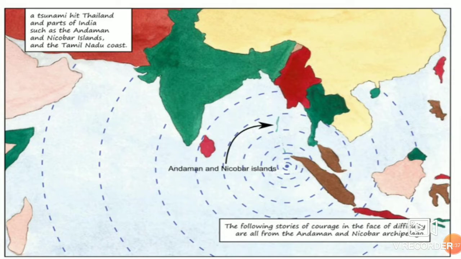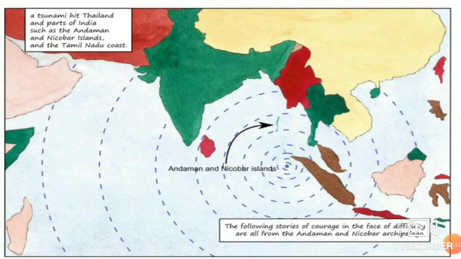A tsunami hit Thailand and parts of India such as the Andaman and Nicobar Islands and the Tamil Nadu coast. The following stories of courage in the face of difficulty are all from the Andaman and Nicobar archipelago. Archipelago is a group of islands.